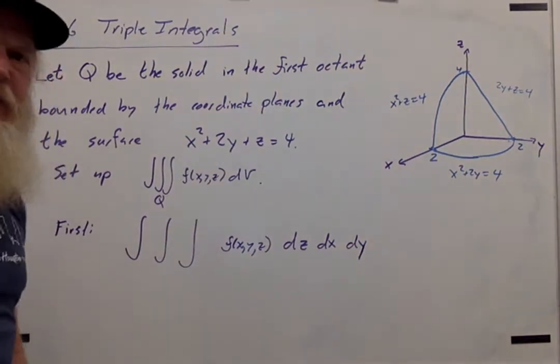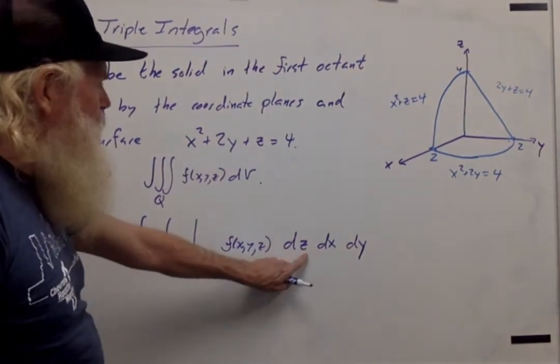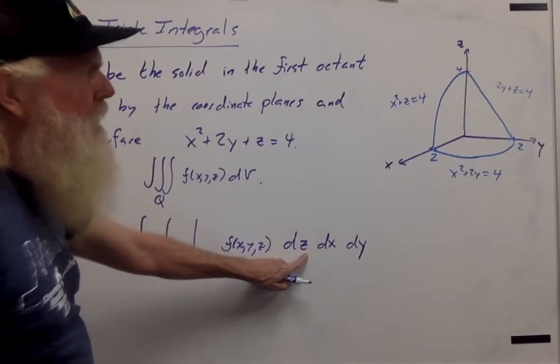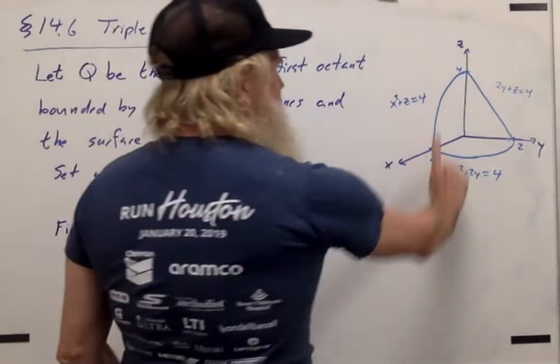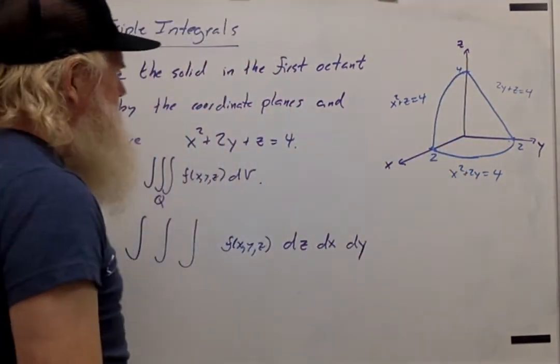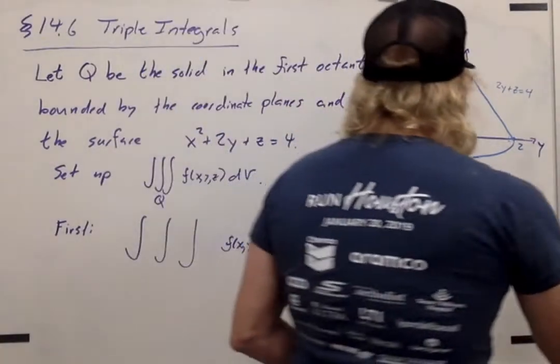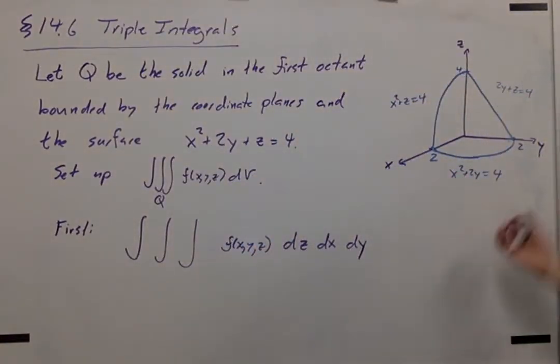Most students, if they're given complete freedom as to which order they want to set things up in, often like putting z on the inside, probably because we have more intuition about thinking about this surface being a graph over the xy plane. So let's take a line segment and put it up through the solid from bottom to top.